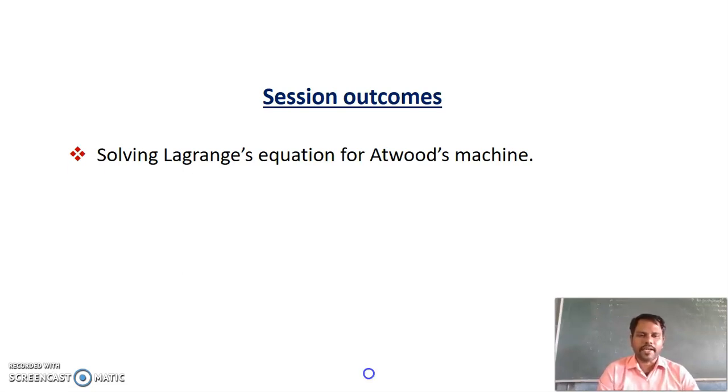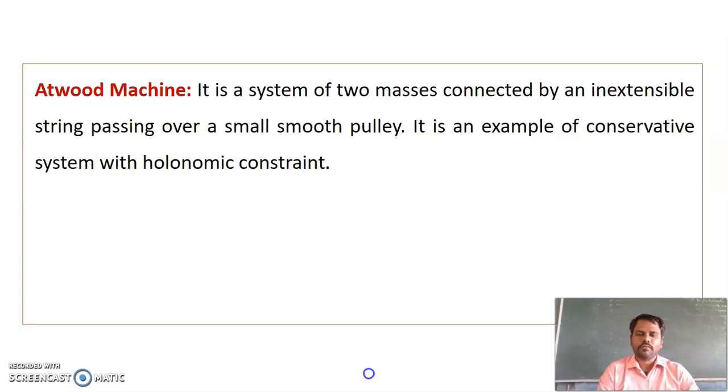Now let's understand what we mean by Atwood's machine. It is a system of two masses connected by an inextensible string passing over a small smooth pulley.